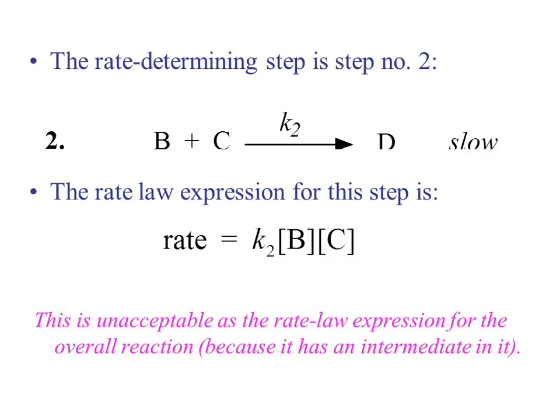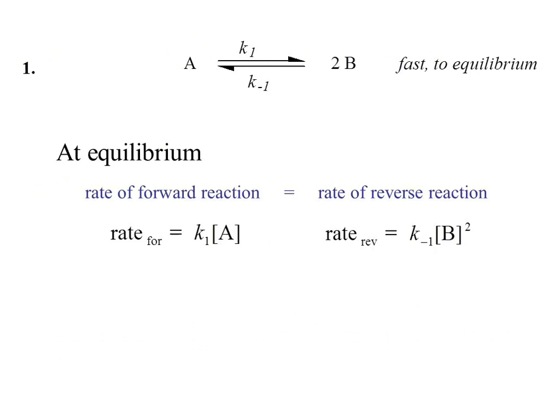When this is the case, it's like the homework where we can turn our attention to the fast step before it, which was an equilibrium step. We can do some algebra and come up with B in terms of something that's real. The elementary step in front of that slow one was this one.